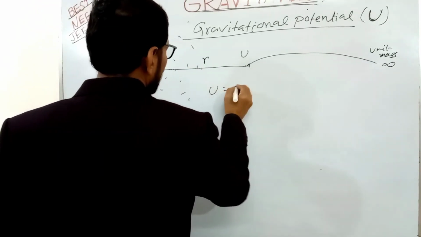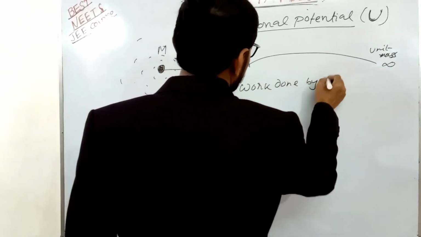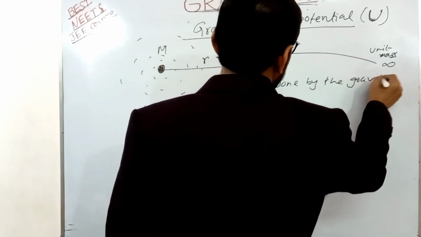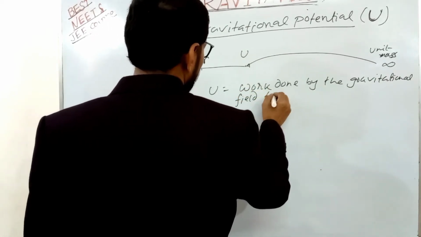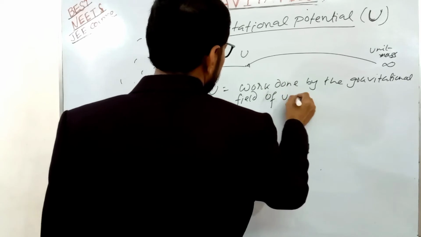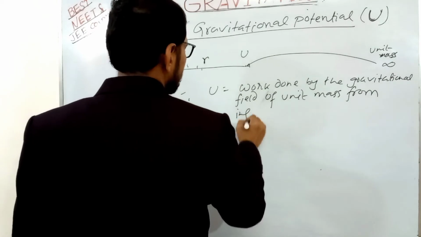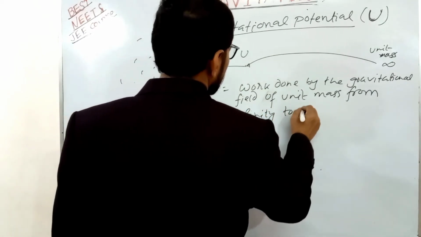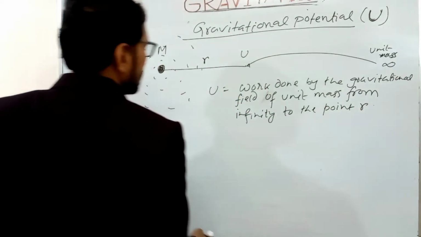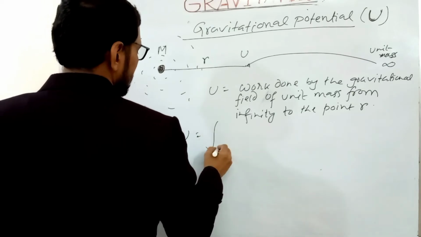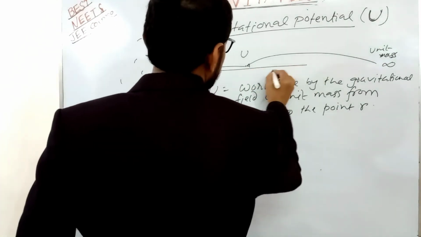So this is the work done by the gravitational field on a unit mass from infinity to the point at a distance r. Now suppose we take a distance x.